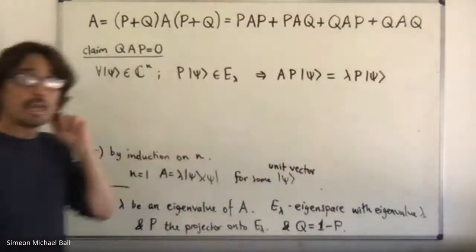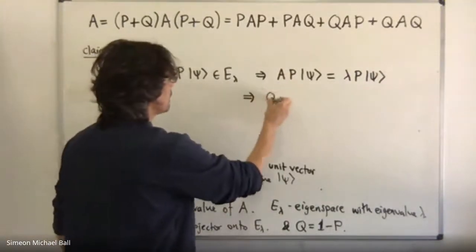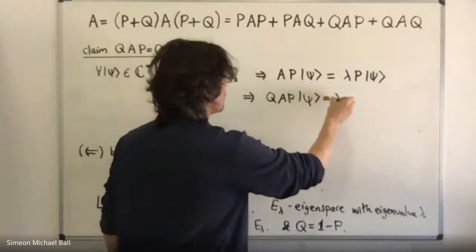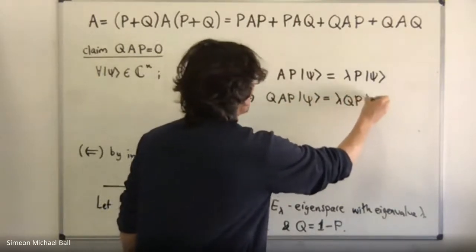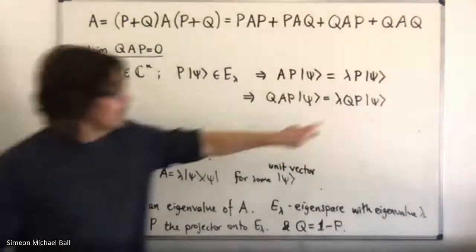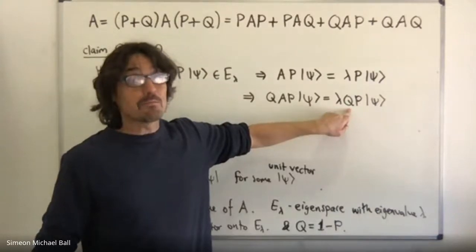This is going to be lambda times P of this. And now when I apply the Q, well, Q, if you think about the definition, maps all the things in E lambda to 0.